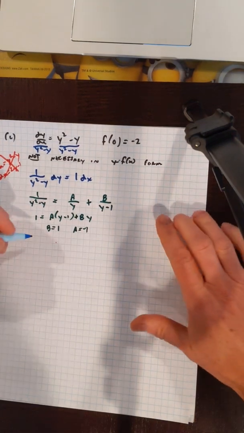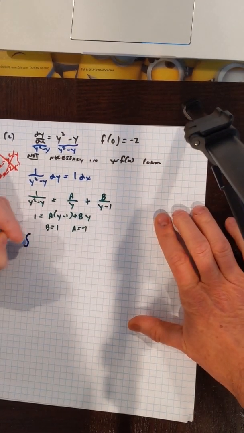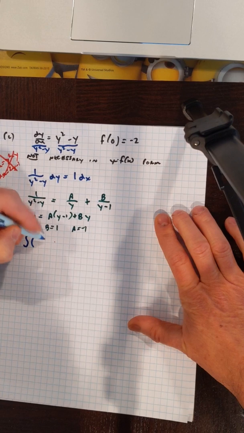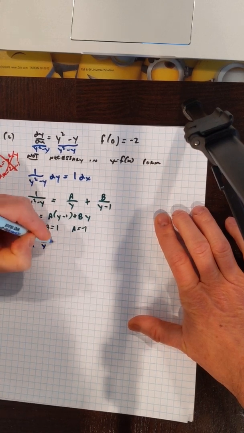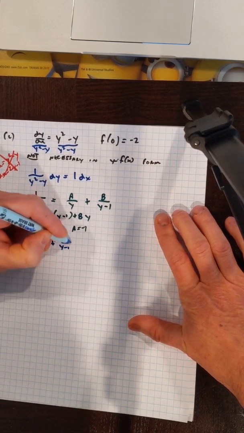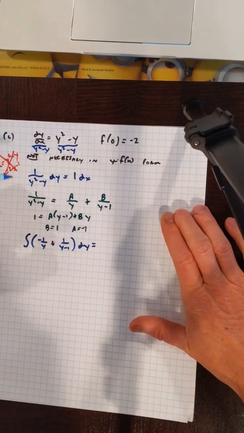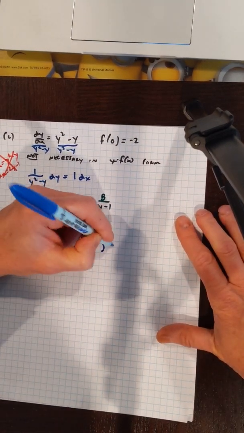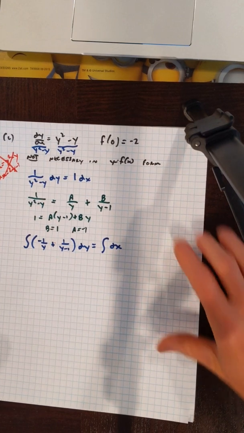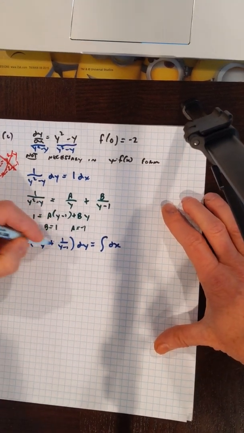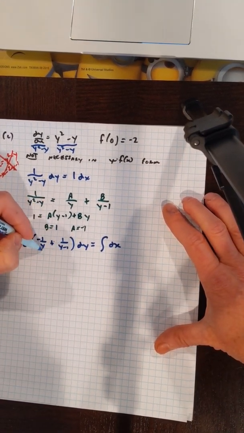Now that I have my side work done, this becomes the integration of negative 1 over y plus 1 over y minus 1 dy equals integration of dx. It's probably best to switch the order here, but now I have 1 over u, 1 over u.